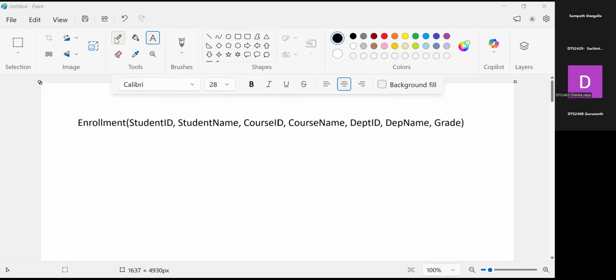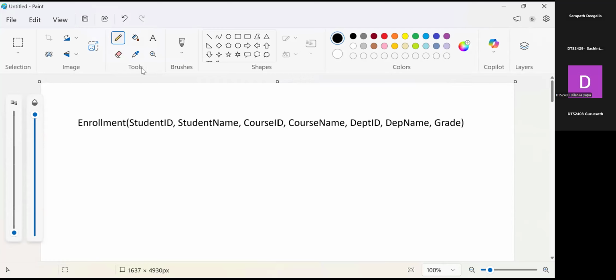So what I said was, when you look at this, we have both student ID and the course ID. These are the attributes belonging to the primary key. So what are the dependencies we have? Using student ID, you can determine the student name. This is one dependency. Second one, using course ID, you can determine the course name and then department ID.